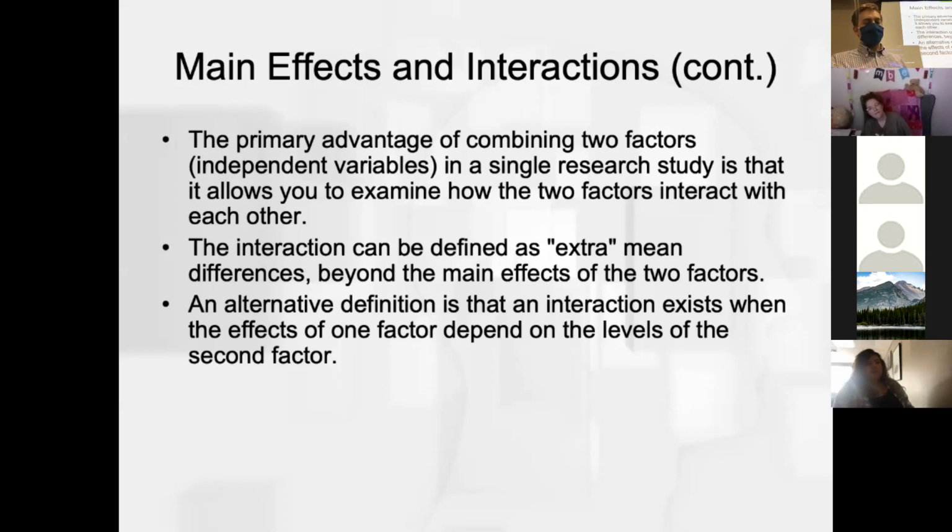So yes, anytime you're interacting, you can think of these as drug interactions, but they don't have to be drug interactions. So let's say we were interested in predicting students' overall levels of boredom in the classroom. One factor would be the year they are in school, so freshman through senior.